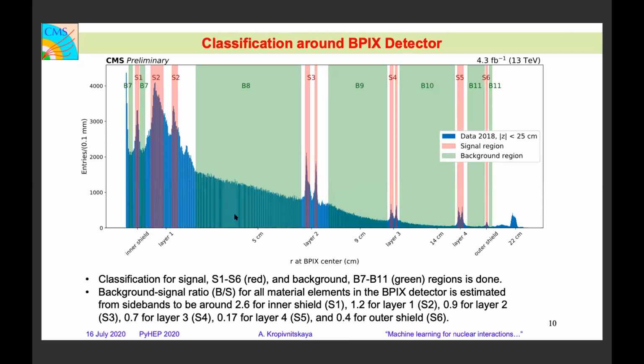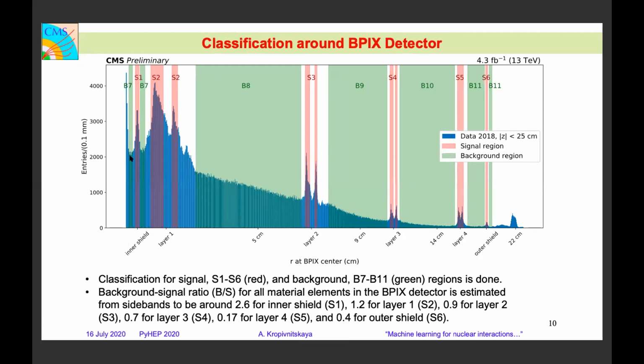The pixel detector is slightly more complicated. You could see that we plot the radius as a function, centered at the B peaks. And you could see a nice peak from the inner shield, from layer 1, layer 2, layer 3, layer 4, and outer shield.